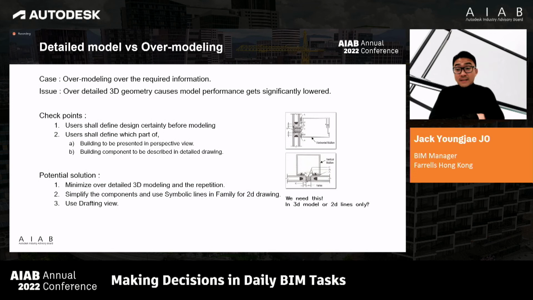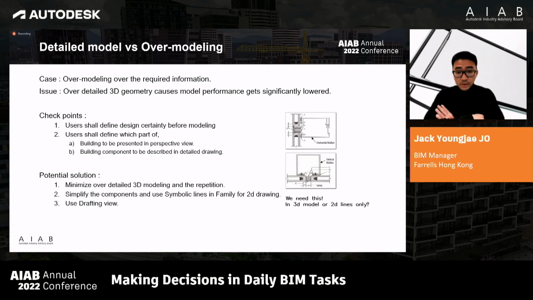Somebody may say yes, somebody may say no. But here is the checkpoint. Do we need to present these sections in our perspective view for our rendering? I said no. But we need to describe this shape and these dimensions precisely in our shop drawing or detailed drawing.